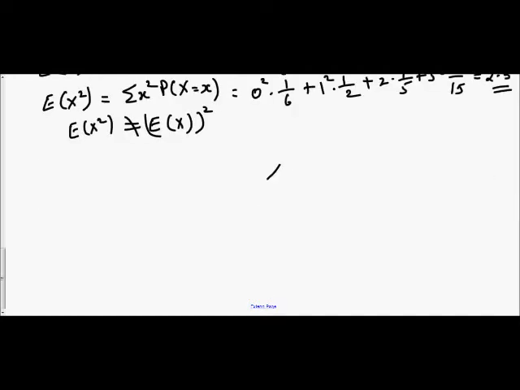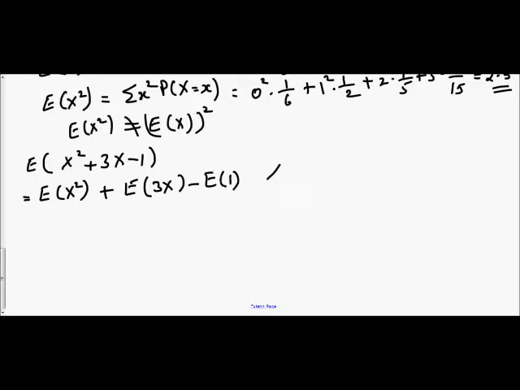We can also find something like, if it is given, you can separate it: expectation of x square plus expectation of 3x minus expectation of 1. Okay, so we are going to use certain properties of expected values. Expected value of x square we have just done, and this can be written like this.